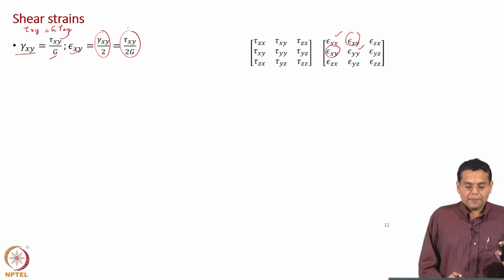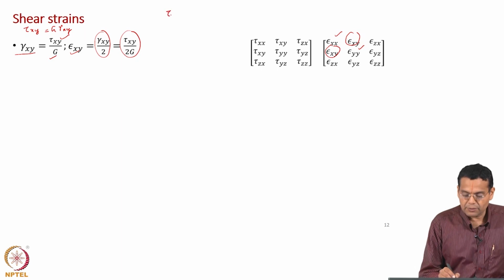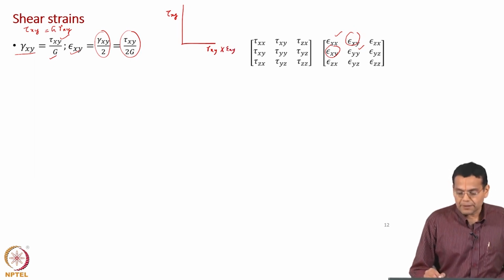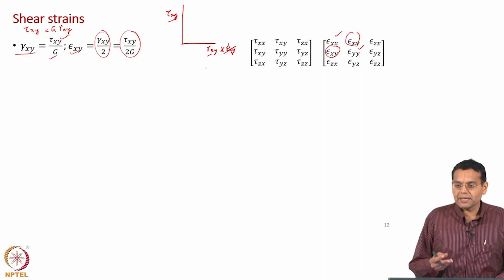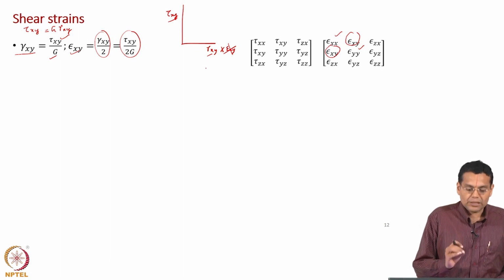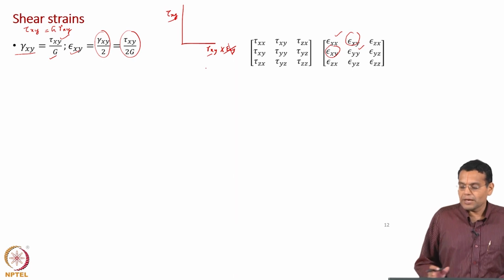Remember, the graph is between tau xy and gamma xy, not epsilon xy. Please pay attention to that. Why is that? What we experimentally measure is gamma xy, not epsilon xy. So, G connects tau xy and gamma xy and not tau xy and epsilon xy.